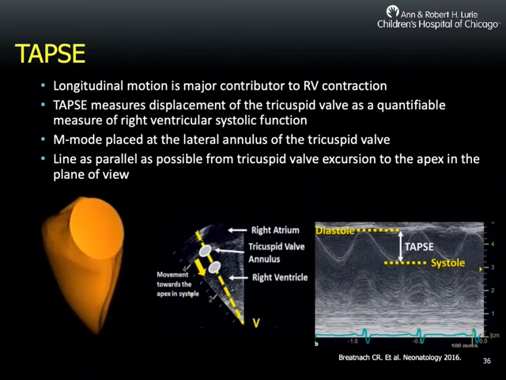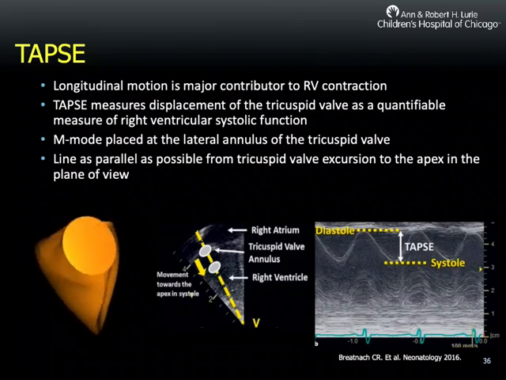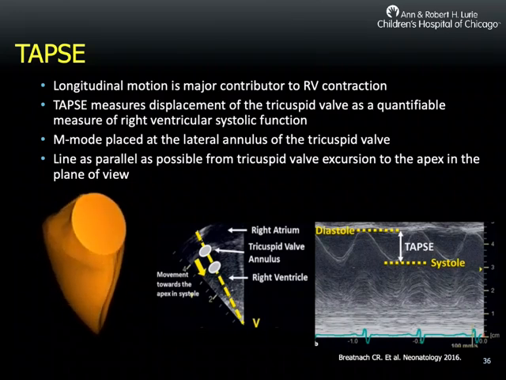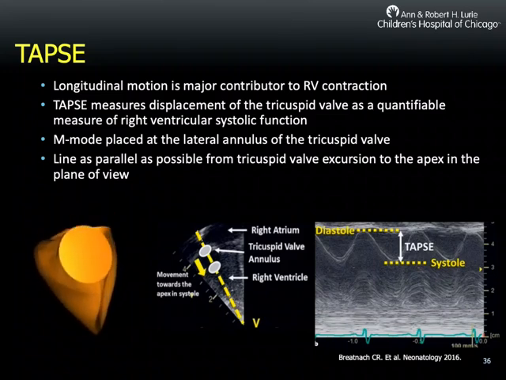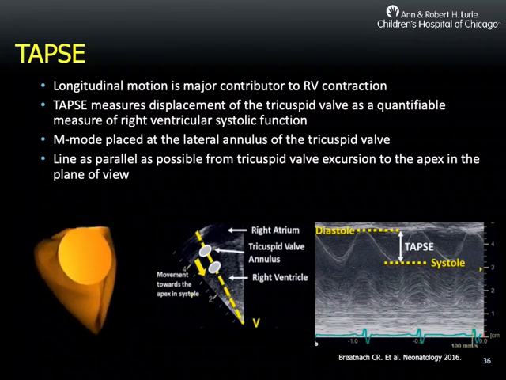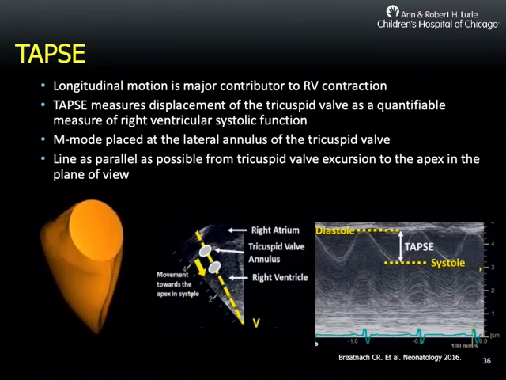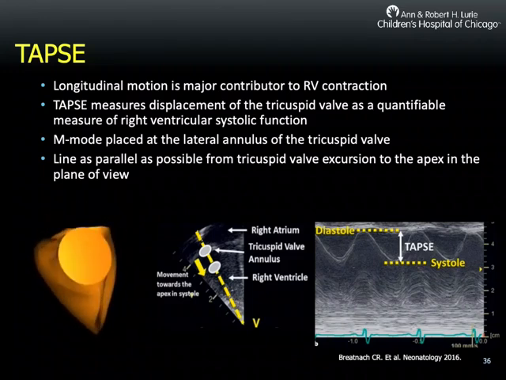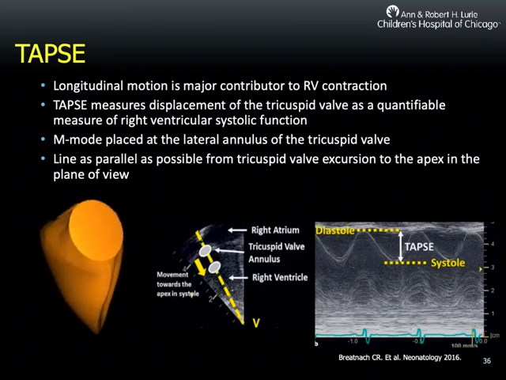So TAPSE is an interesting thought, especially when it comes to a quantifiable measurement of systolic function. The concept is that when you look at RV contraction in comparison to how the LV contracts, the predominant motion is longitudinal. That longitudinal motion helps describe the change from a planar view.